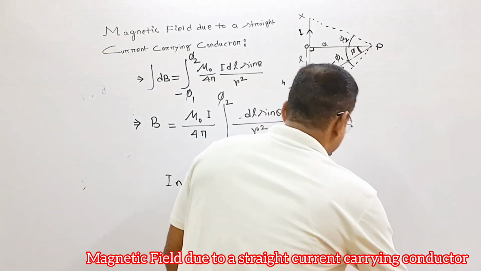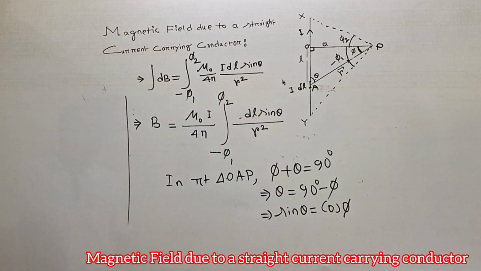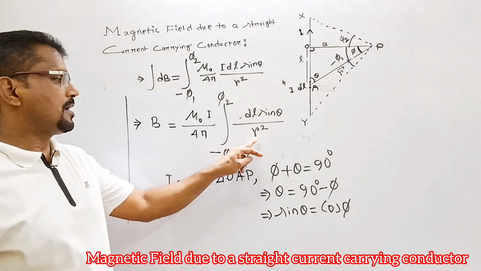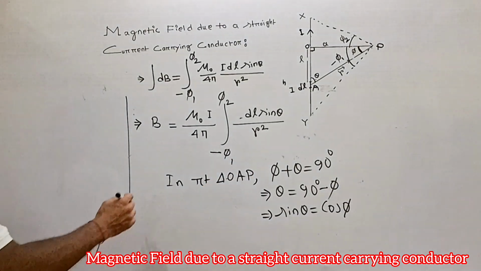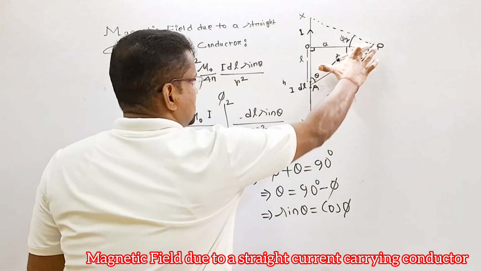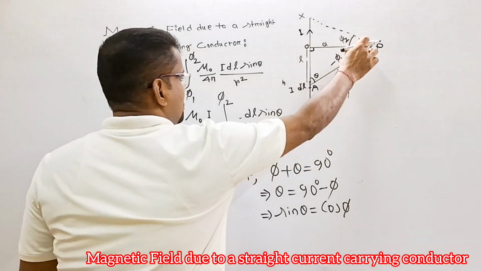Next, say now, r, this variable you have to convert. So for this, again this is your r, this distance is your r, AP. Again you consider the same right triangle OAP.